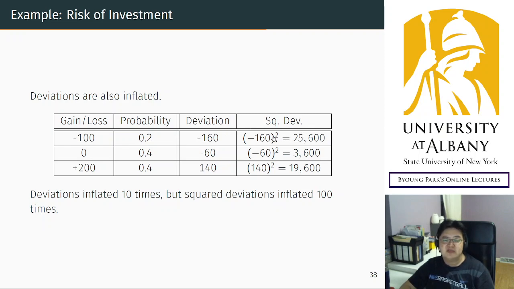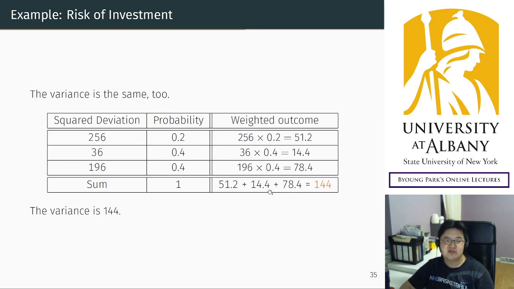The numbers get bigger because 10 was multiplied. But what I want you to see here is that it's not inflated simply by 10, but by 100, right? Let me compare the numbers to the previous ones.